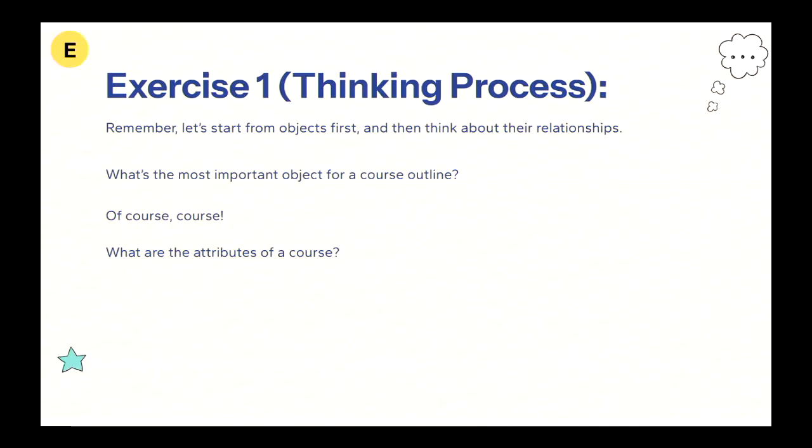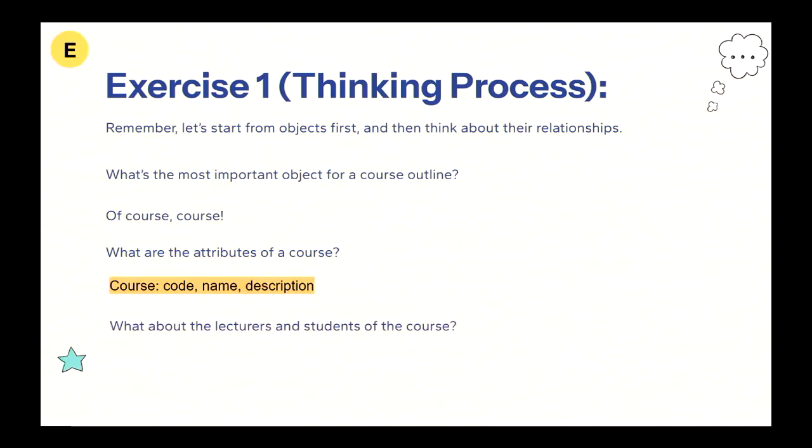Let's think about what the attributes of a course are. A course should have a code. Like for this one, we have a code 3311. A course should have a name. The name of this course is database systems. A course should have some descriptions. These are the key attributes of a course.